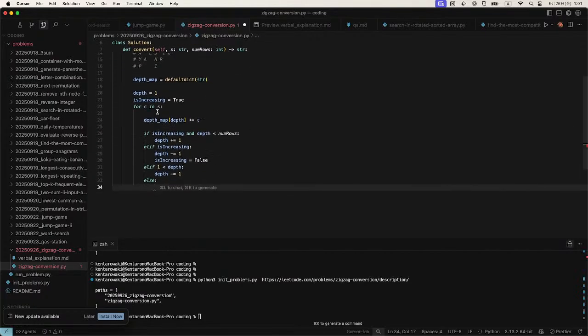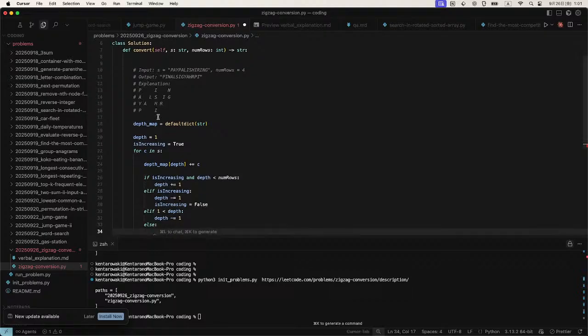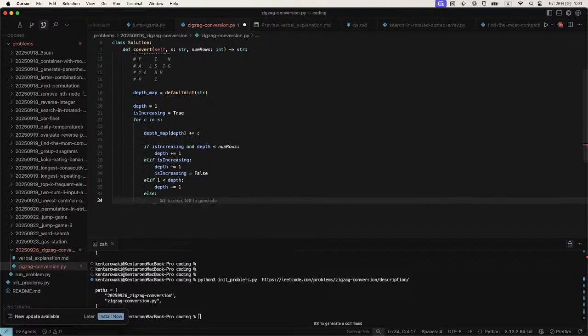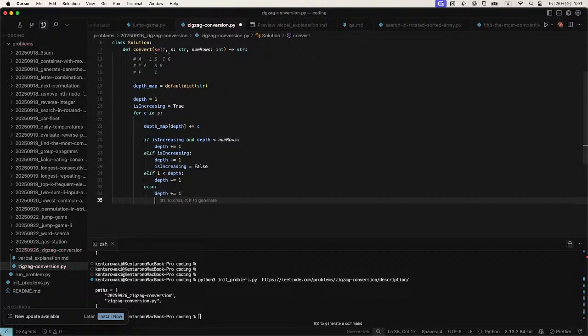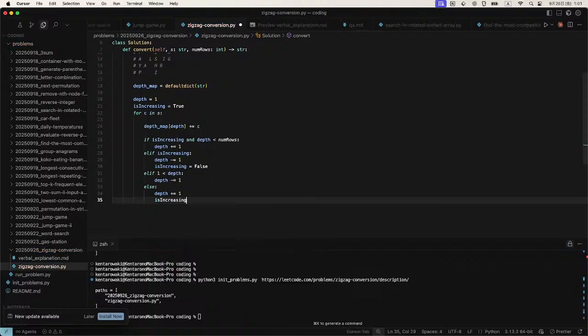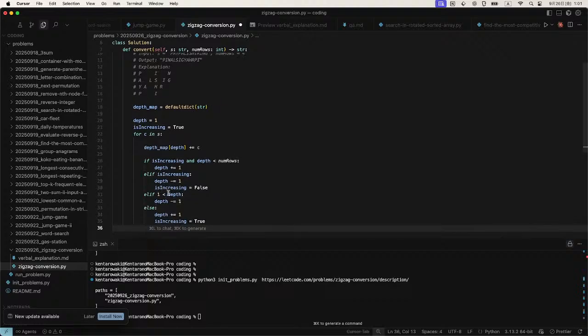Otherwise, it means it's decreasing and the depth is 1, so we should increment and convert the flag to true. Right?